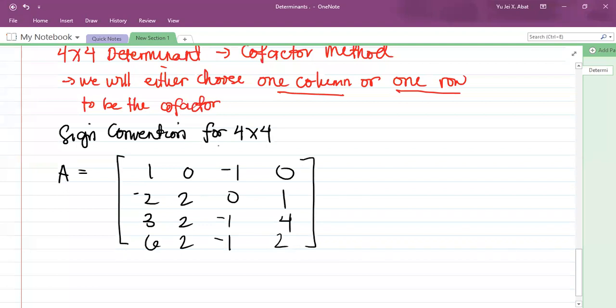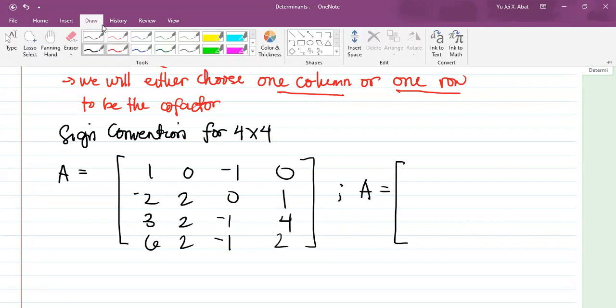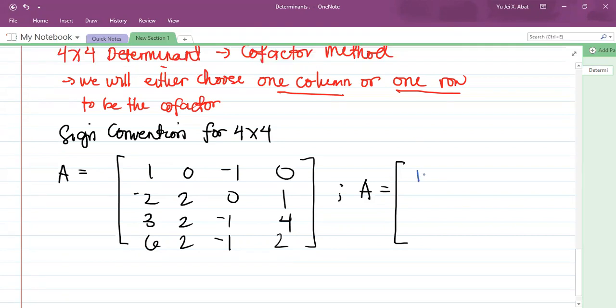4 rows, 4 columns. Magiging sign convention yan kapag gumamit tayo ng cofactor method is ganito. Ibig sabihin ng sign convention, yan yung susundin natin. Positive, negative, positive, negative, negative, positive, negative, positive.